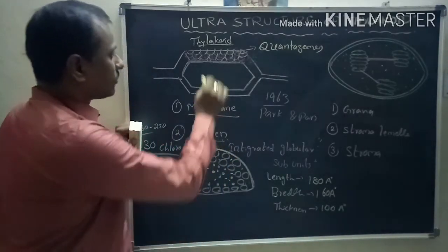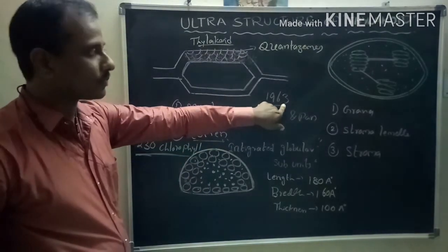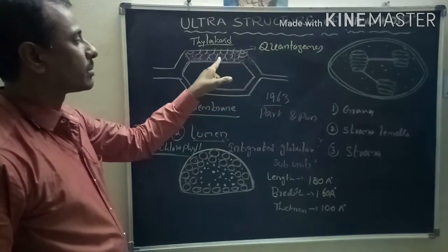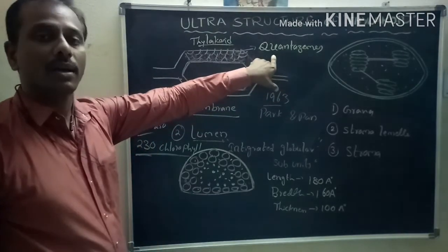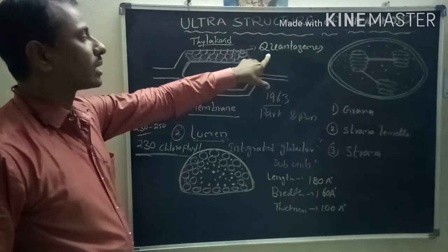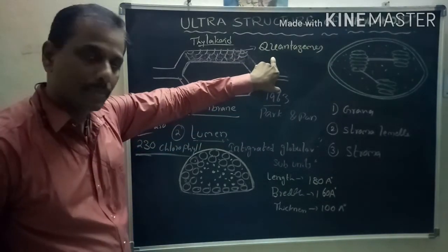Now the first part, the membrane. In 1963, the scientists Park and Pan gave the specific name quantasomes to what is present in the membrane. These are the functional units of the light reaction. So it is called the quantasome concept.